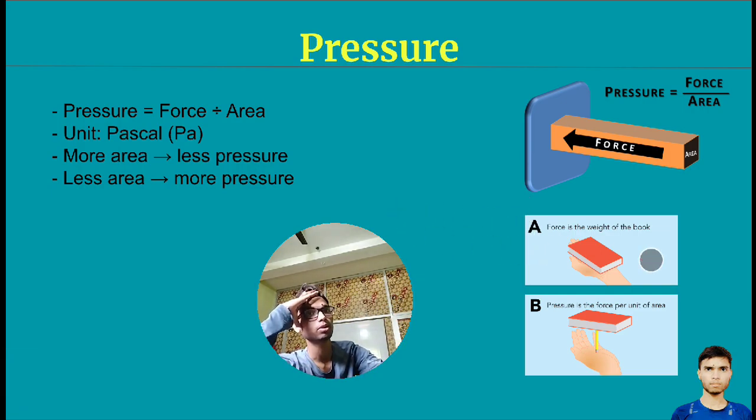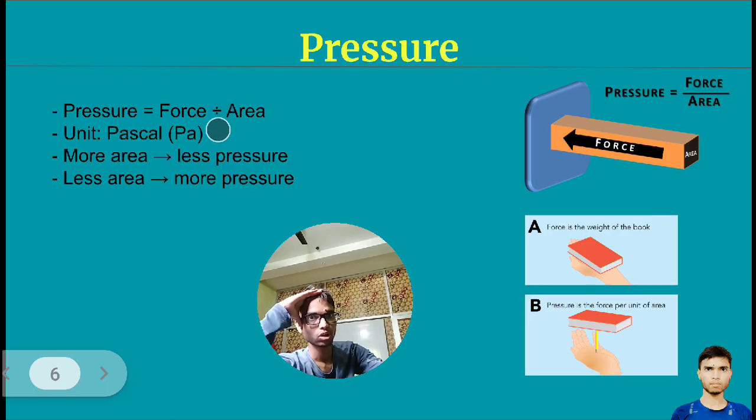But here pressure will be a perpendicular force, but it will take area. Pressure is equal to force upon area. Here this is an object, and force is downward. We can also talk about the area of this object as well as the area of this object. Clear?